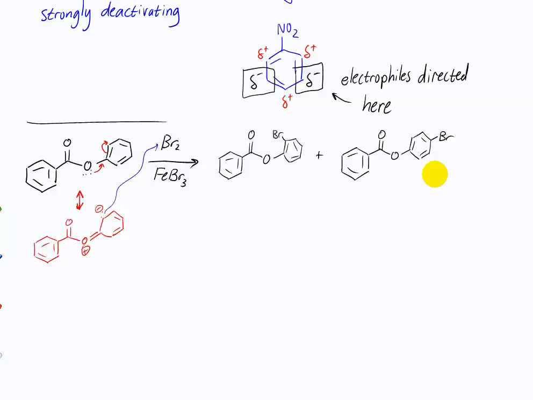We're going to keep practicing this. Which one's more prevalent? Hard to say in this case. My guess would be that the para is more prevalent because of the steric interactions of this larger thing hanging around there. But that's something we really need experimental data to verify.